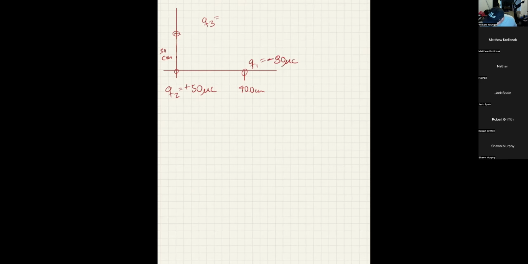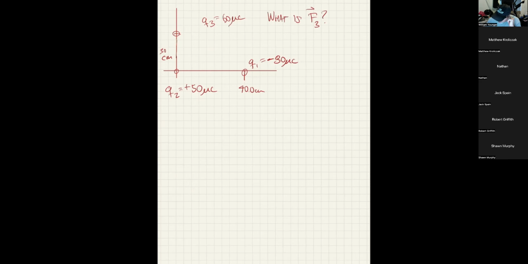Okay, and then Q3, that's the one I want to be 60 microcoulombs. Okay, so what I want to know is F3. Notice that's a vector quantity. I want to know what is the force magnitude and direction on Q3 as a result of Q1 and Q2.